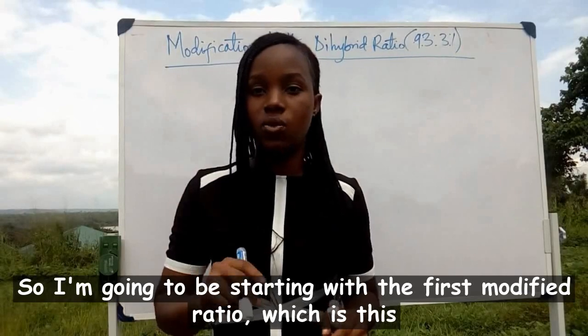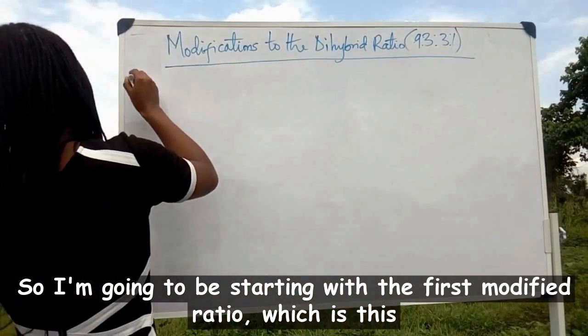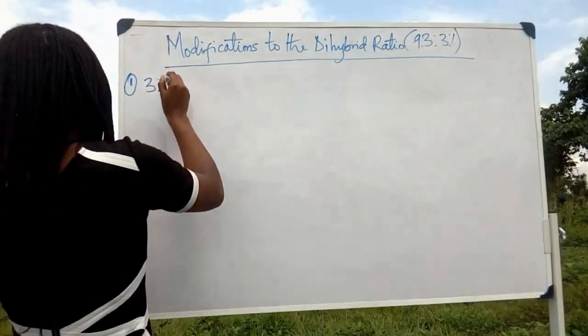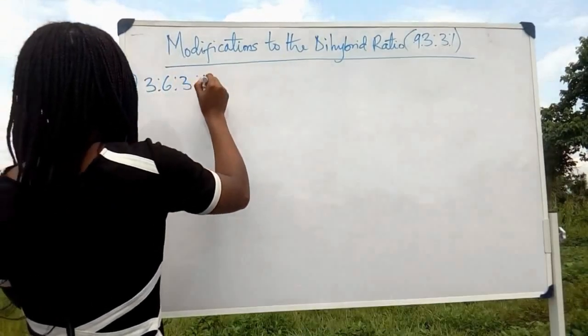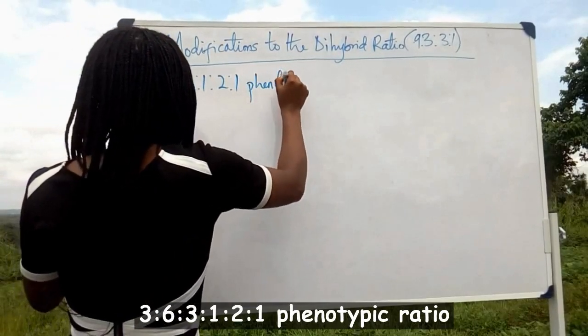So I'm going to be starting with the first modified ratio. Is this 1 to 2 to 1 phenotypic ratio.